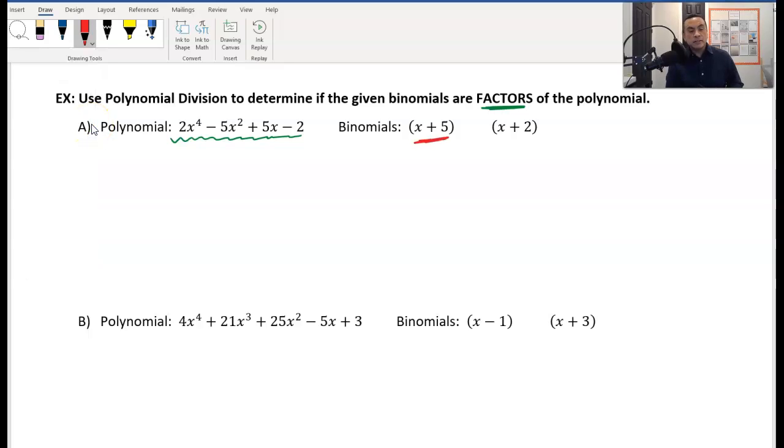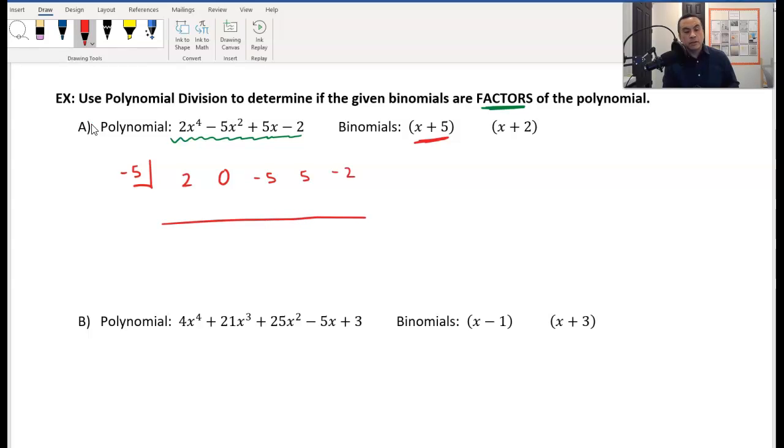If I solve for x, I get a value of x equals negative 5. So now I'm going to go ahead and do this. I noticed something right here. The 2 is for the x to the 4th. There's no x cubed, so you have to put a 0 to represent that there are no x cubes. So you have 2x to the 4th, 0x cubed, negative 5x squared, positive 5x, and negative 2 constant.